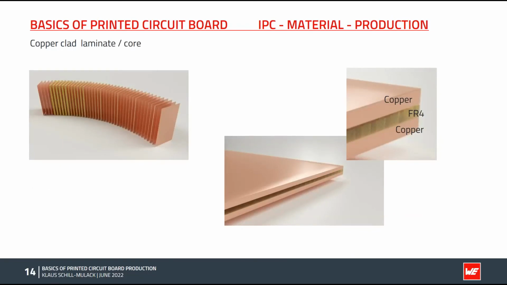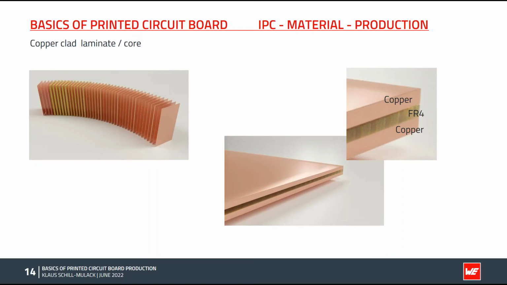Now we come to the cores. The cores are basically made of prepregs and copper foils, of course, that have been laminated and cured. There are a variety of materials with different thicknesses, epoxy properties, and glass fabric types. Typical copper thickness is 18, 35, and 70 micron.